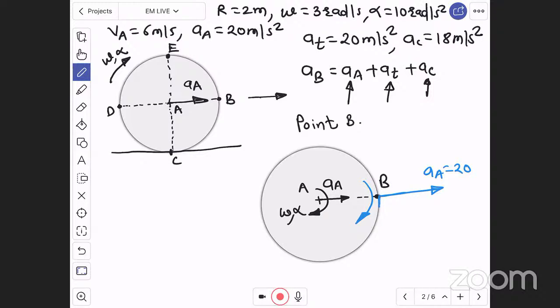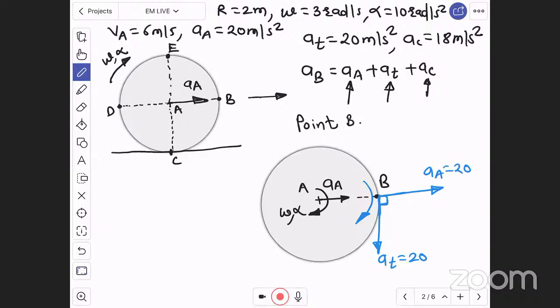Therefore perpendicular to radius, in downward direction, there will be a tangential acceleration, which is nothing but 20 meter per second square.